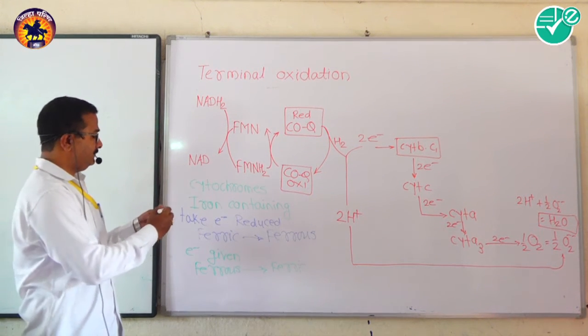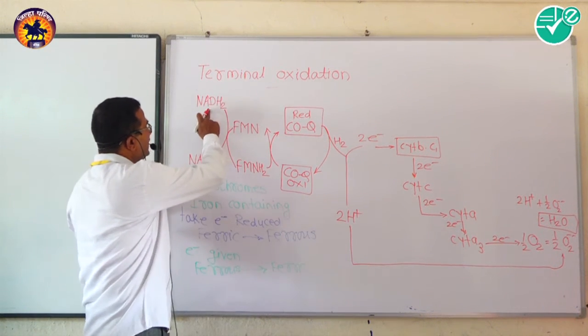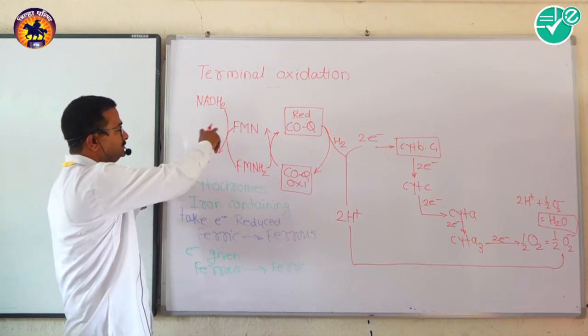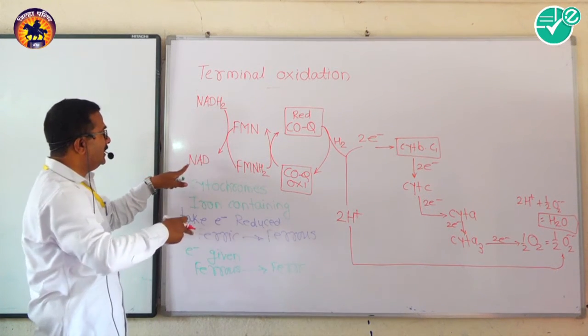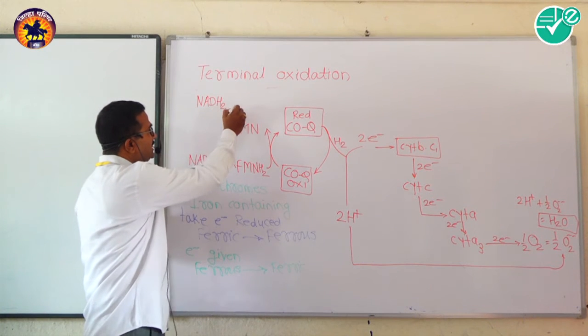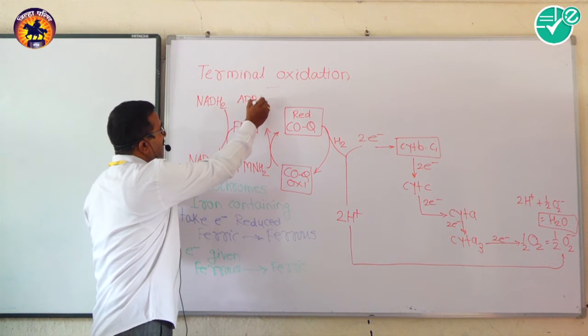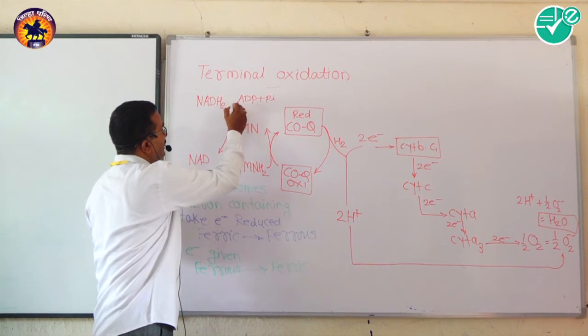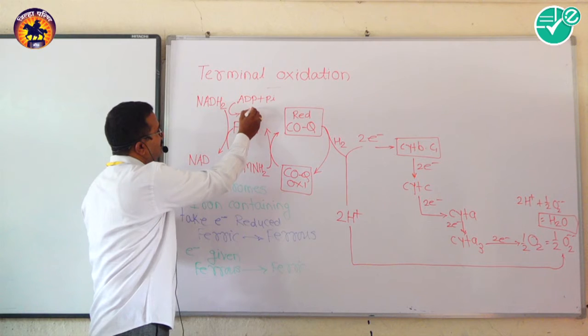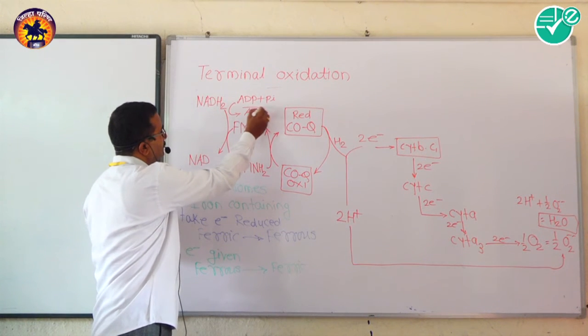At first, when NADH2 is oxidized into NAD and hydrogen is released, some energy is utilized by the ADP and inorganic phosphate in the formation of the ATP molecule.